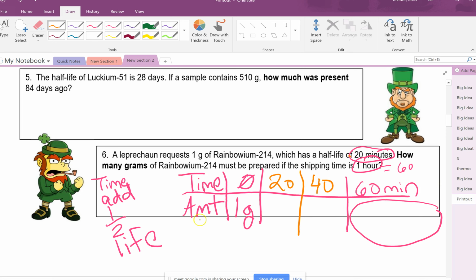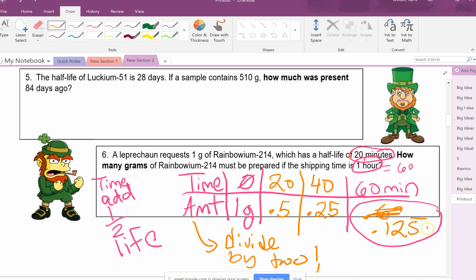Yay, we made it. For the amount, you always divide by 2. 1 divided by 2 is 0.5, 0.5 divided by 2 is 0.25, and 0.25 divided by 2 is 0.125, and it's grams.